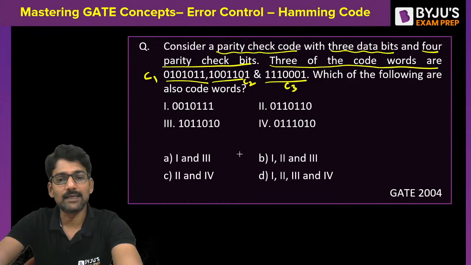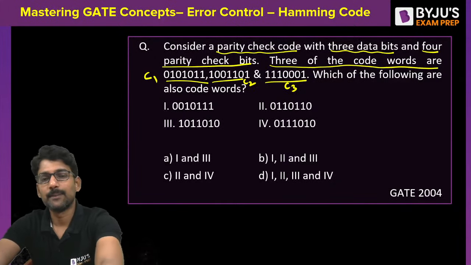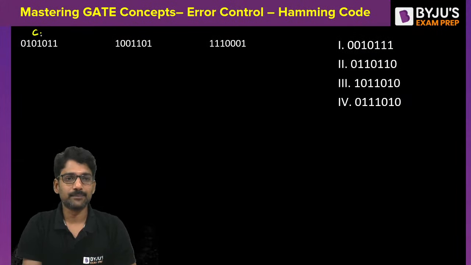We will take the given code words and we will apply XOR among them. Okay? All right. Let us do. Let the given code words be these. So let these are C1, C2, C3.